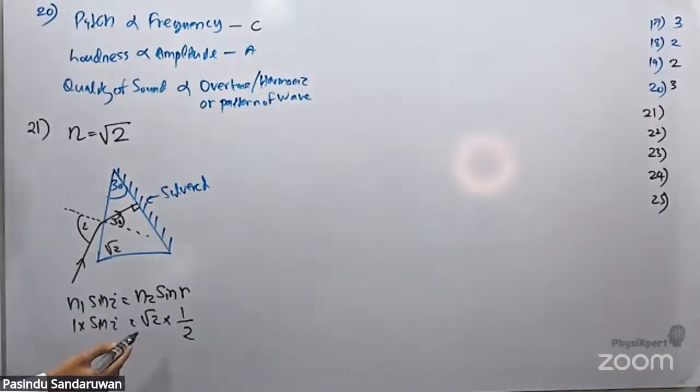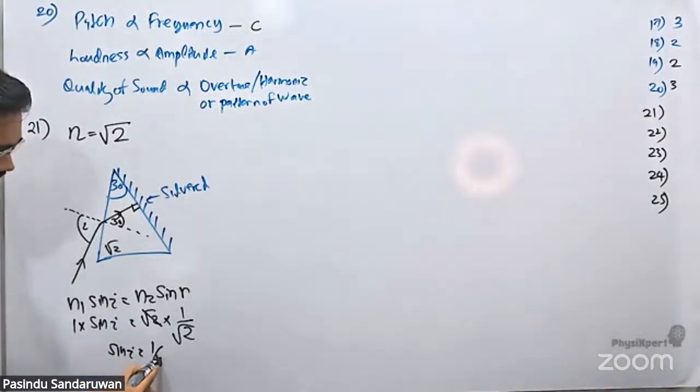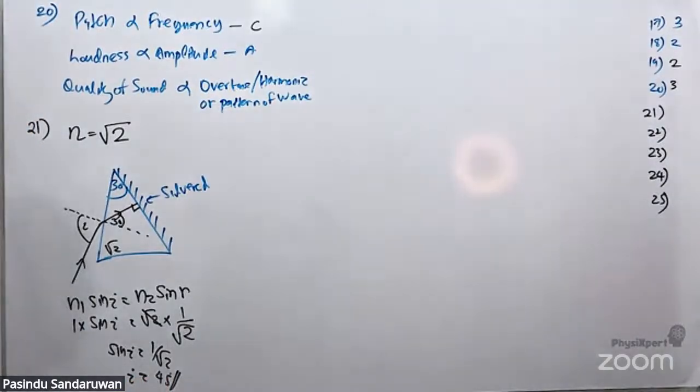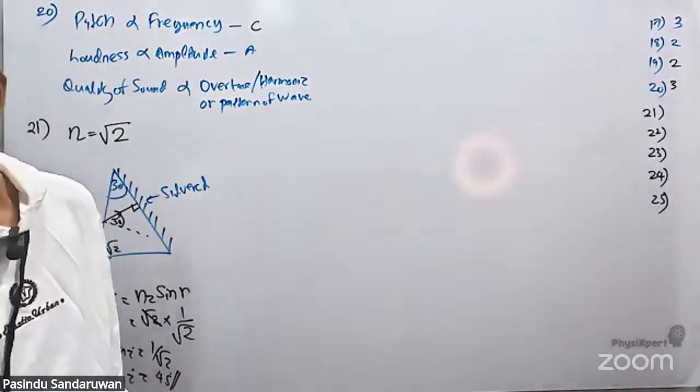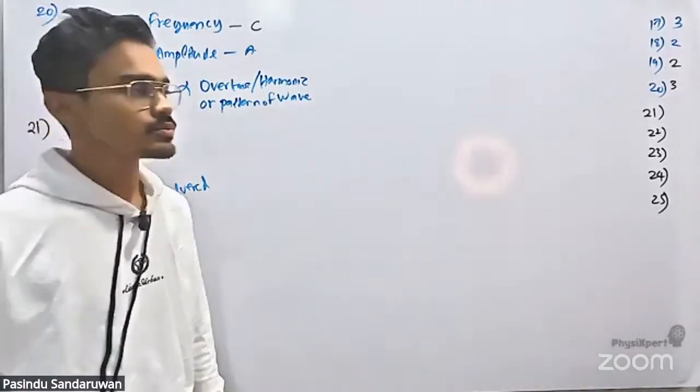Then the √2 and 2 cancel, giving 1/√2. Which means sin I equals 1 over √2, so I equals 45. 45 is the answer to 21.